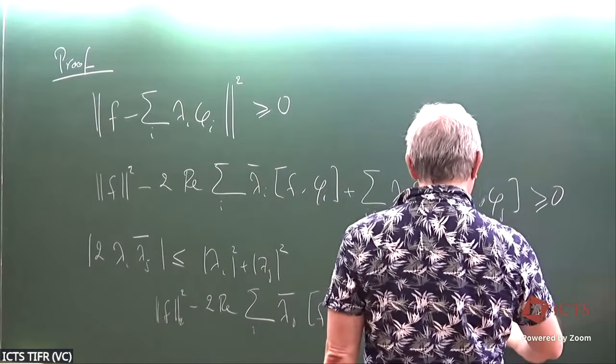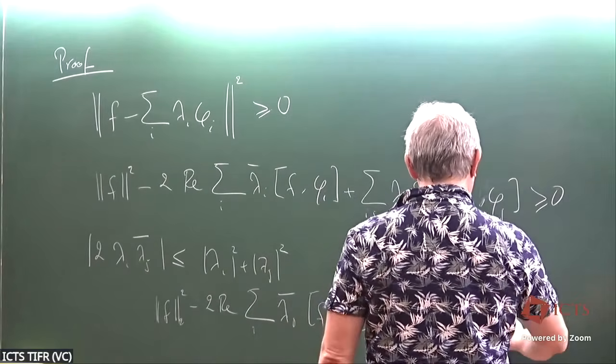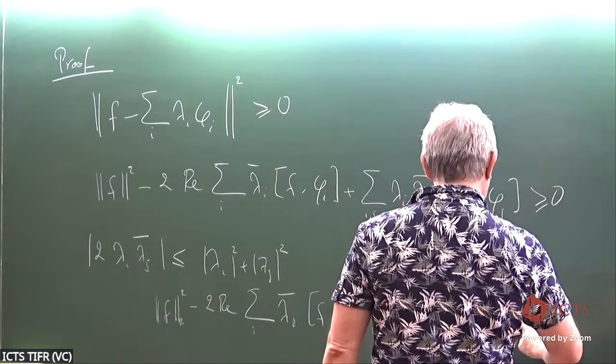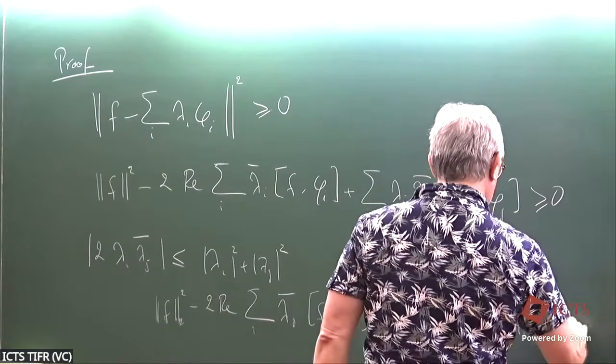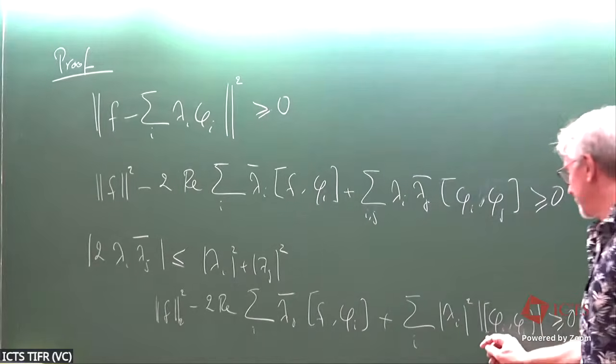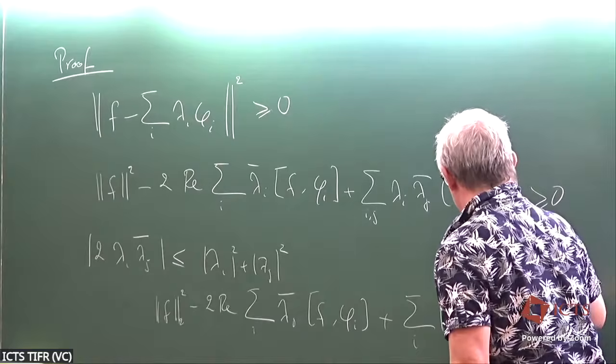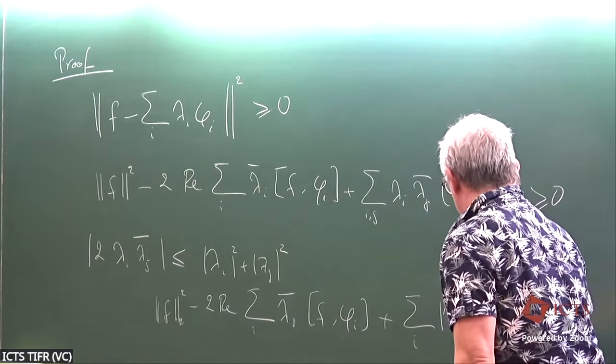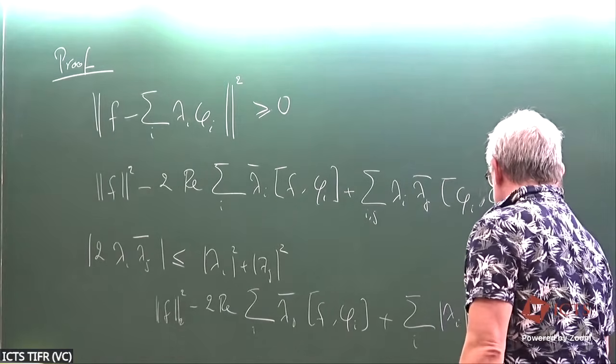And I put absolute value because I wanted an upper bound of phi phi j, non-negative. And here, there's a sum over j here that I forgot. This one is mi.